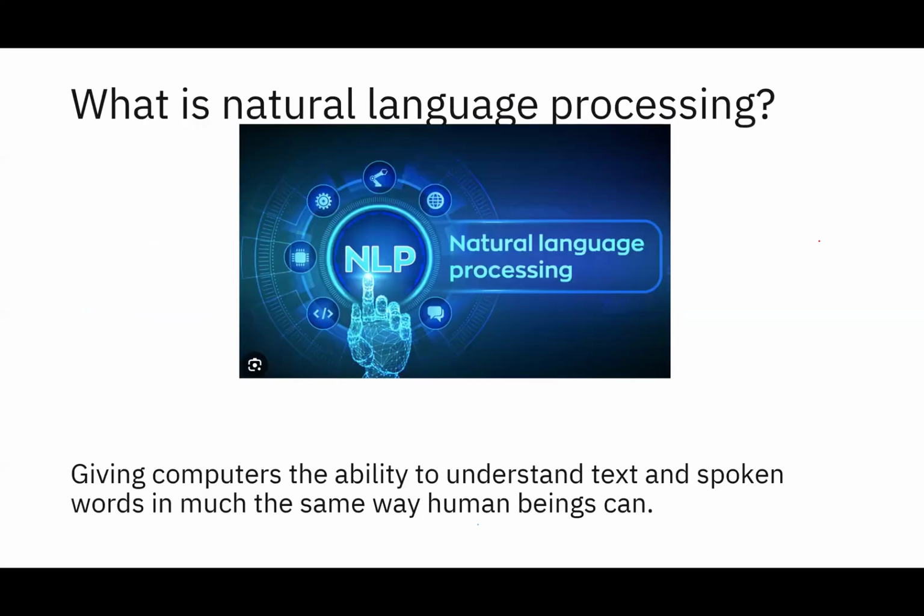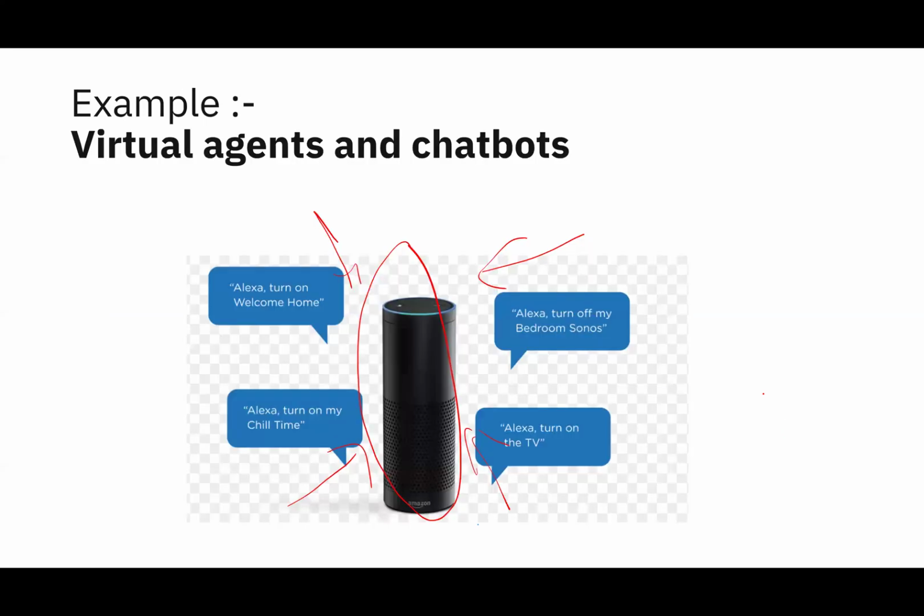We also discussed what is NLP, natural language processing. Basically it is a technology where we enable computers to understand text and spoken words similar to human beings. Examples are Alexa, Google, chatbots and virtual agents.